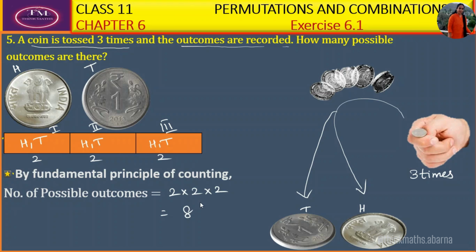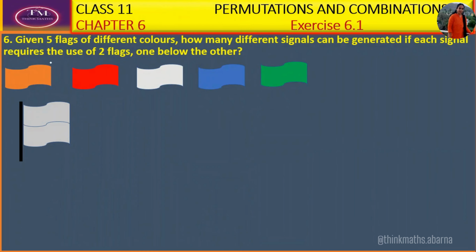Okay, clear, children? Very nice. Last problem, the sixth one. Given 5 flags of different colors. How many different signals can be generated if each signal requires the use of two flags, one below the other? So, what are the things given? 5 flags of different colors.